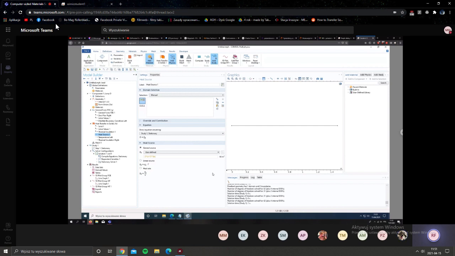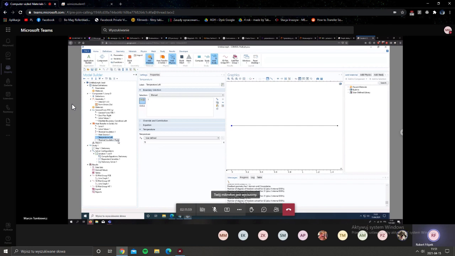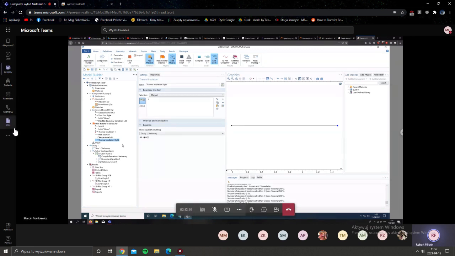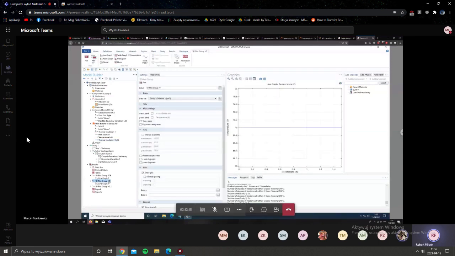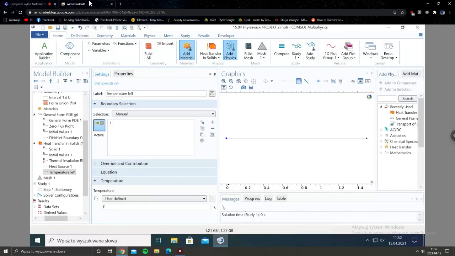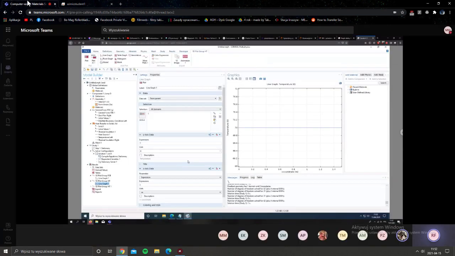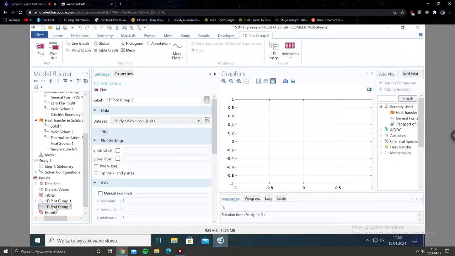This is 2VR. Looks correct. Let us see temperature left. And this is TL, okay. Thermal isolation right. Also correct. So let us go to your plots now for heat transfer. Could you go back to stationary and compute once more, okay?